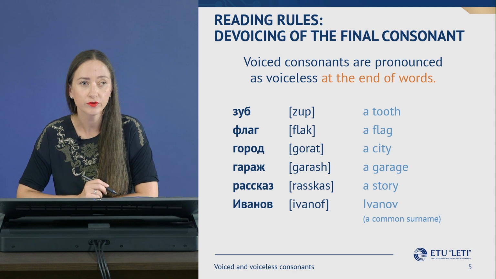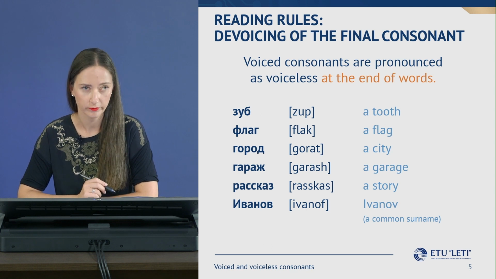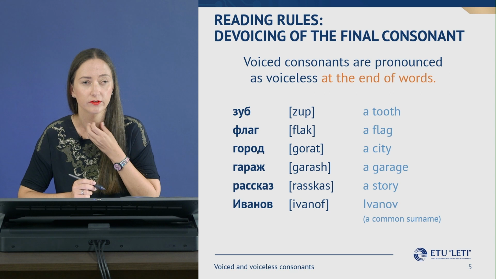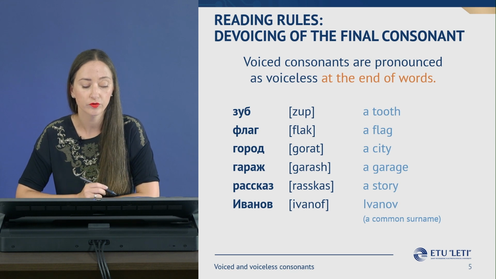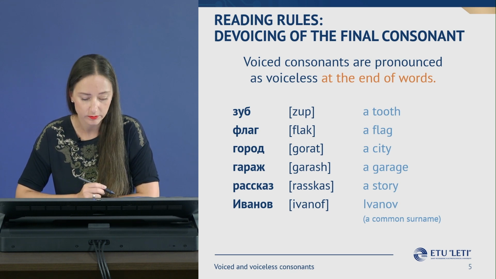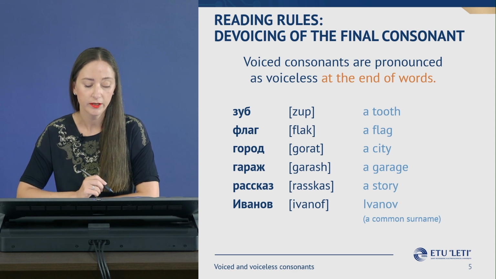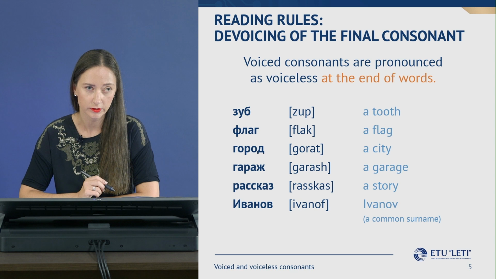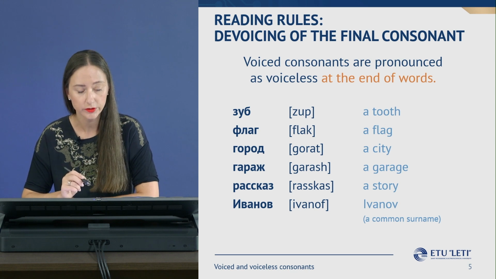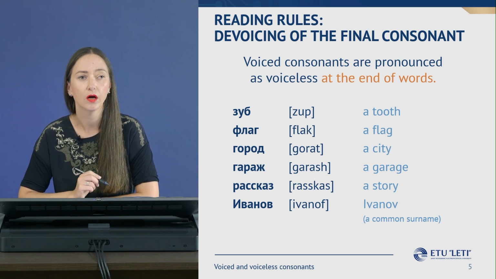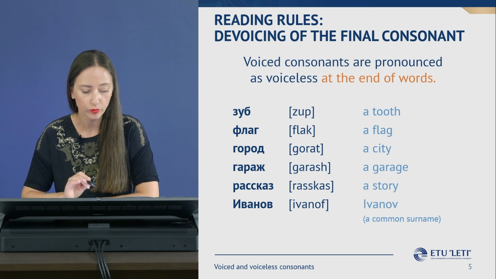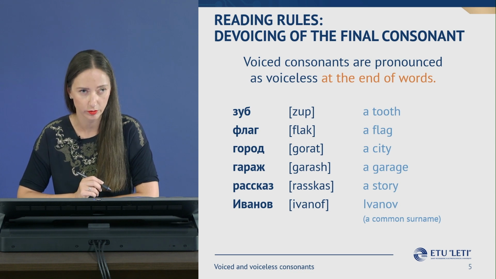So, voiced consonants, the ones which are produced with this vibration, are pronounced as voiceless at the end of words. So again, if you see a voiced consonant at the very end of a word, it will become unvoiced, voiceless at the end of the word.